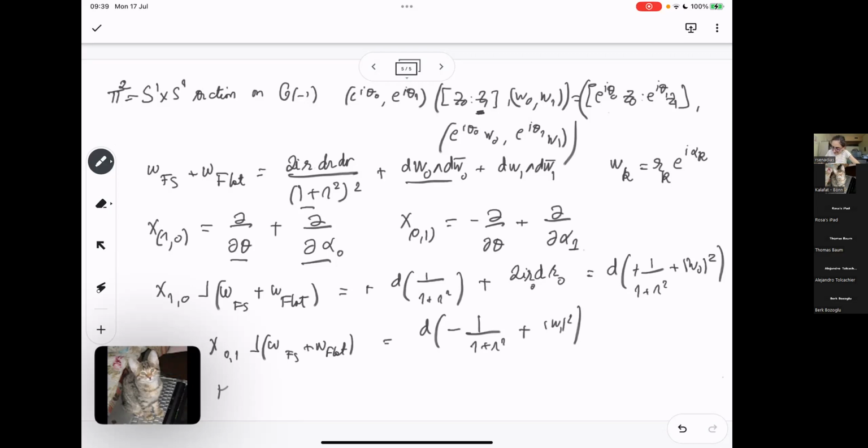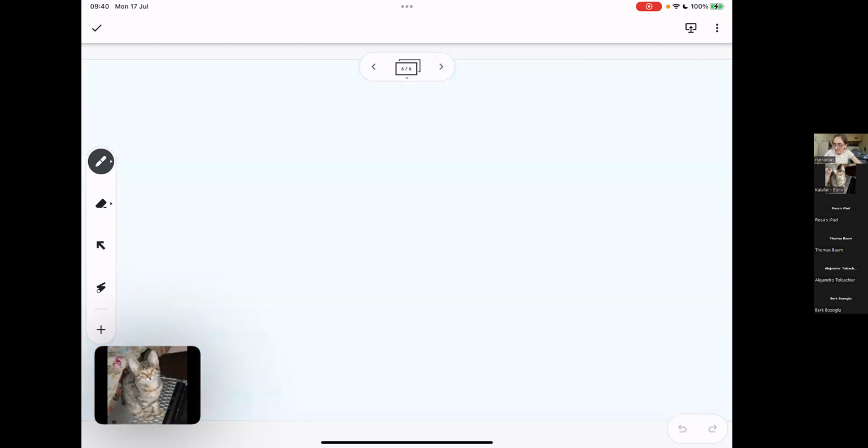So I can write down the moment map. It's just this and that, up to a constant, and let me choose a +1 here. Is this okay? So we can now calculate the moment map image. It's x1, x2.